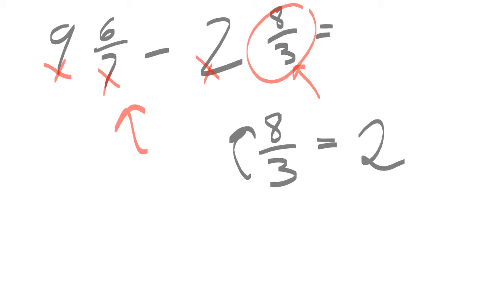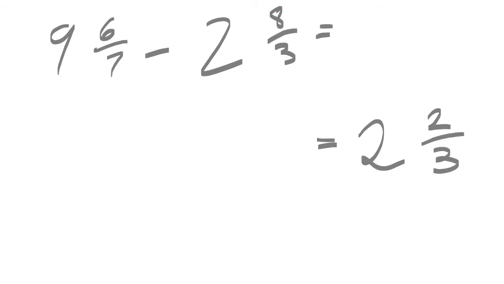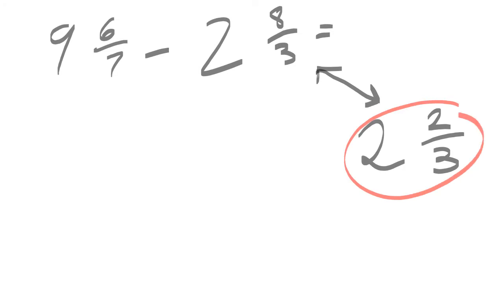So 3 into 8 goes twice with a remainder of 2, and we say a remainder of 2/3. So what we've worked out is that 8/3 is the same as 2 and 2/3, and we can work with this mixed number.